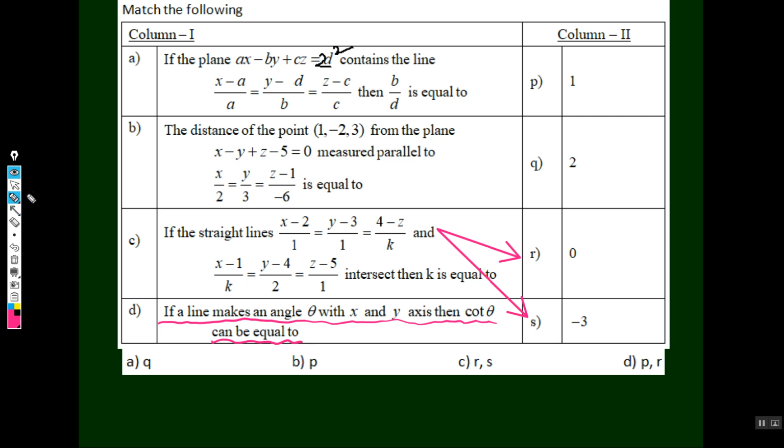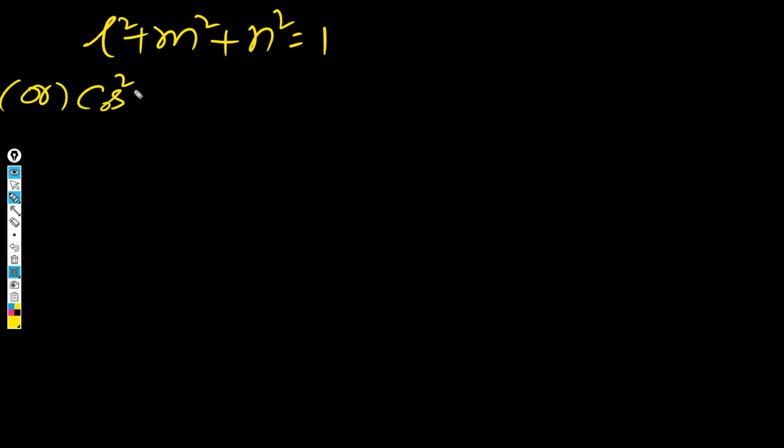Now let us see that. In the DCs, the relation between DCs, you know, is L square plus M square plus N square is equal to 1, that is, cos square alpha plus cos square beta plus cos square gamma is equal to 1, where alpha, beta, gamma are the angles made by the line with the x, y, z axes.